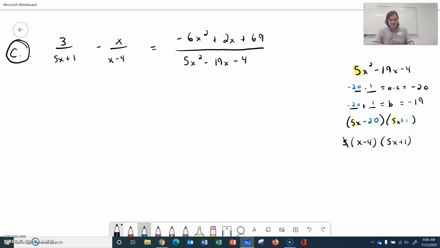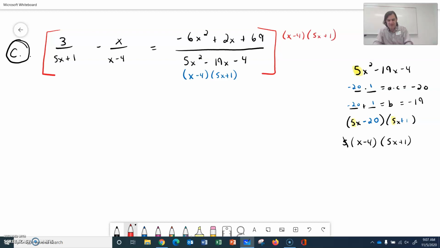So basically what I've done here is just shown that this denominator is made up of x minus 4 and 5x plus 1, which is really great since those were already things I was going to have to multiply by anyway. So let's multiply both sides by x minus 4 times 5x plus 1, and let's see what happens.